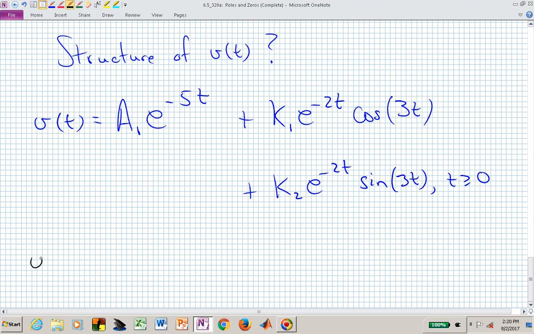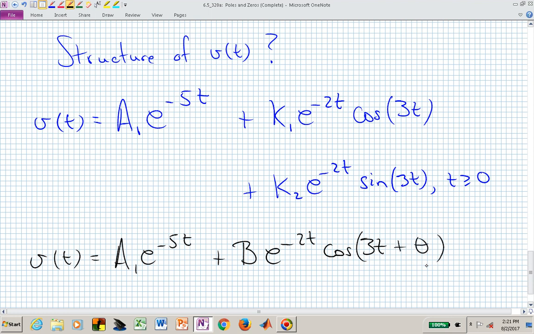Another one, knowing now what you do know about combining sines and cosines of the same frequency, whether those are damped or not, you could also say the structure of v of t is a1 e to the minus 5t plus, let's say, b e to the minus 2t cosine of 3t plus some offset or shift in time, t greater than or equal to 0. We can't change the frequency when we combine 2 sinusoids at the same frequency.